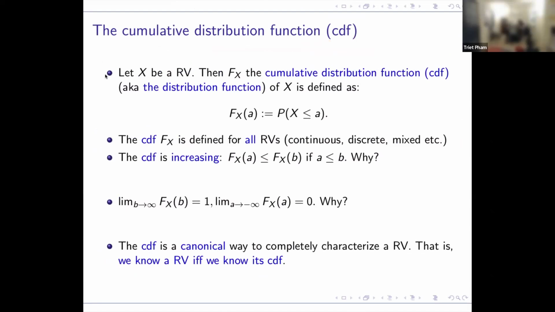So first of all, the CDF, or cumulative distribution function, also called the distribution function, is really a simple definition. It's basically a probability. First of all, this notation, we'll get used to it. There will be three components to a description like this.